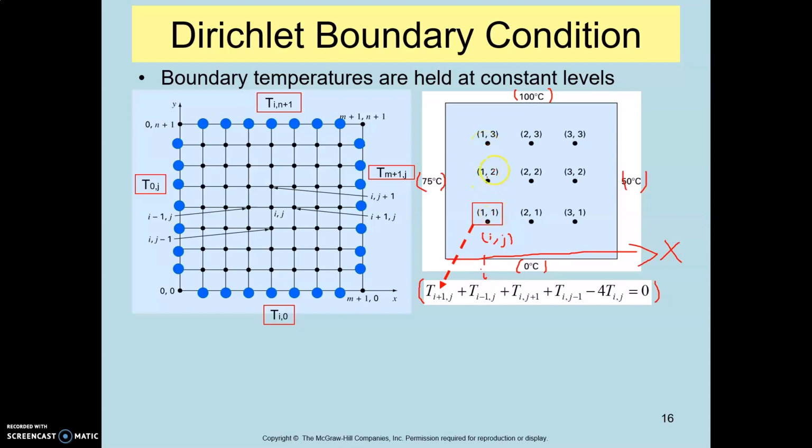And the j is different, 1, 2, 3. So your j is on the y-axis. So this is your y-axis. So this is your j, okay. So j plus 1, j plus 2, and so on.